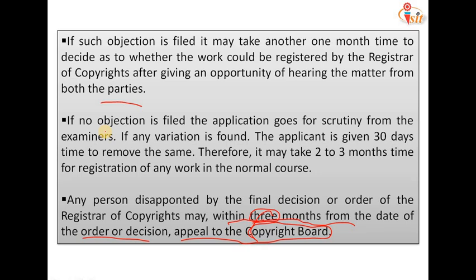Therefore, it takes two to three months. And if any person is disappointed by the Registrar of Copyrights, then within three months from the date of decision, he may appeal to the Copyright Board. In that way, you can register your copyright work.